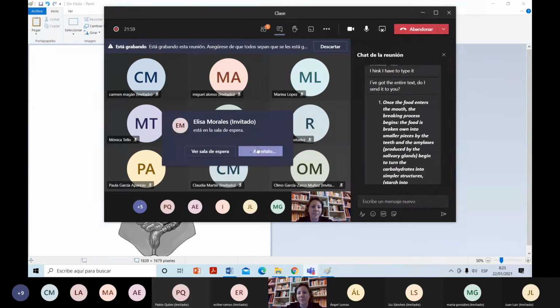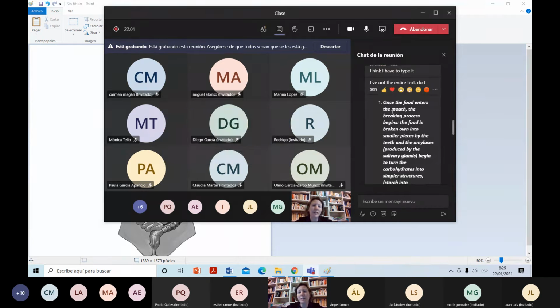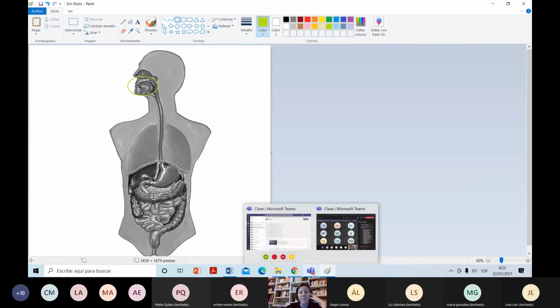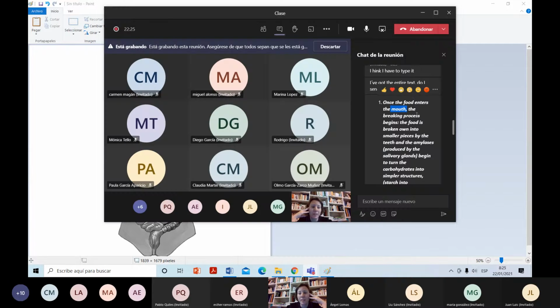Okay, so let's go a little bit higher. Once the food enters the mouth, the first thing we've got to say is that the first stage is the mouth. That would be the first thing that we are going to mention. So instead of just naming the parts, Olmo already explained what happened in each one. According to his text, once the food enters the mouth, the breaking process begins.